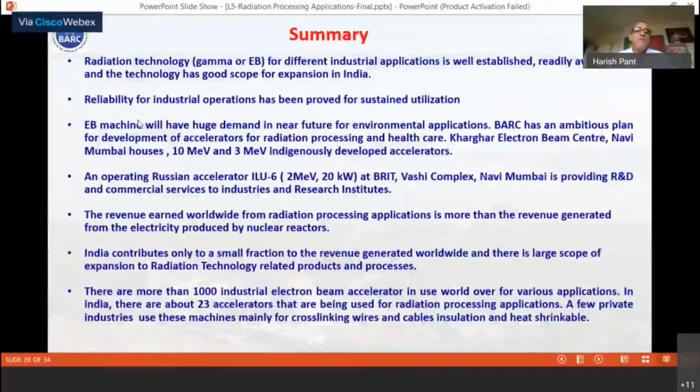The reliability of industrial operations has been proved for sustained utilization of this technology. Electron beam machines and cobalt 60 plants are the main things which are required for this.